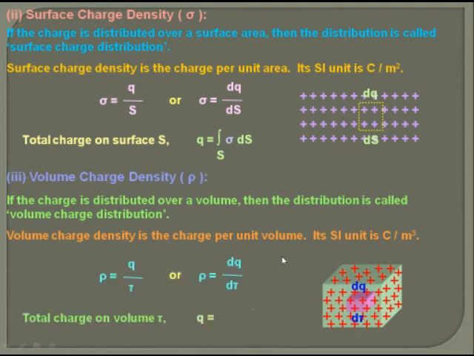We can also calculate the total charge on the body as the volume integration of rho dV, or it can also be written as the integration of rho with respect to dV.